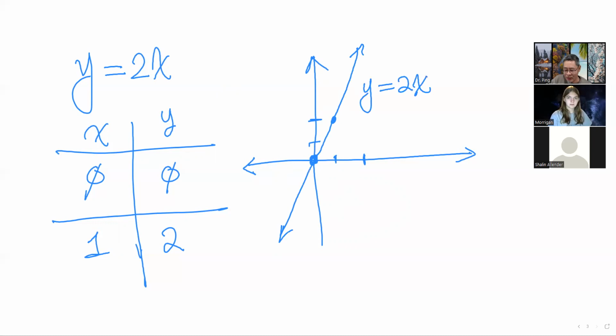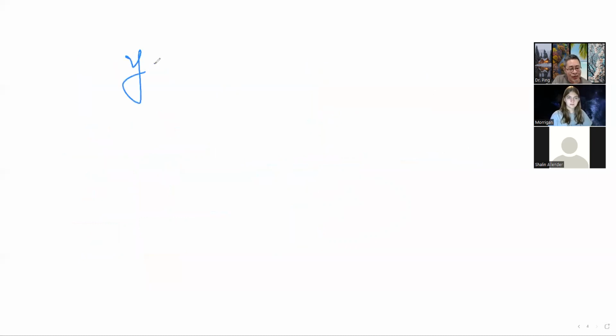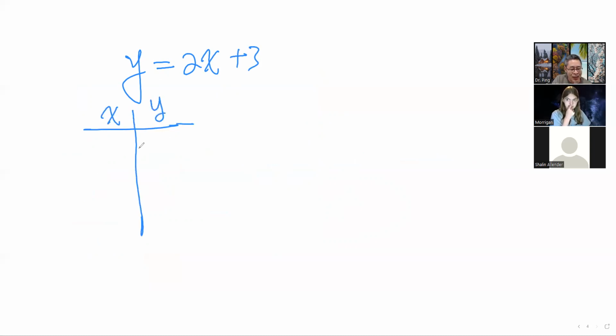Okay, so we're going to look at a couple examples. We could have, say, y equals 2x plus 3. Same thing, we just need 2 points. By the way, it doesn't matter which 2 points, but in this case, I'll just pick some simple ones. The simple ones are x is 0 and 1. But it could be like x equals 5. You can do that.